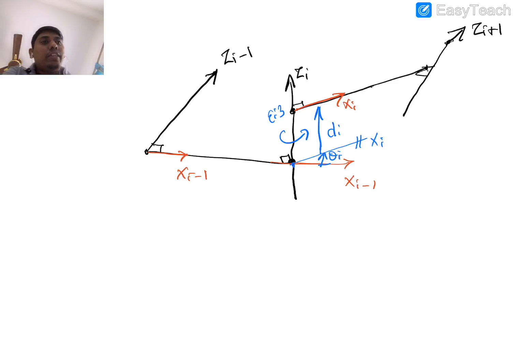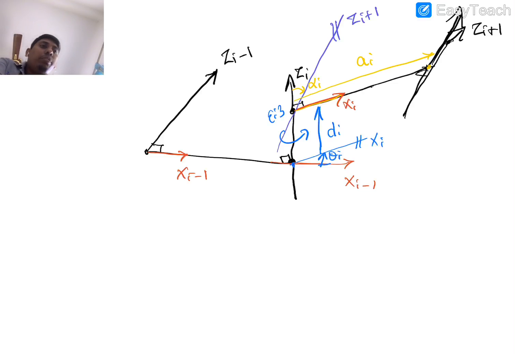The third operation, I make z i plus 1 parallel. Now the angle about this x i, I rotate and make it parallel. This is what I call alpha i. And along the x i, I reach from i to i plus 1, that is what I call a i.